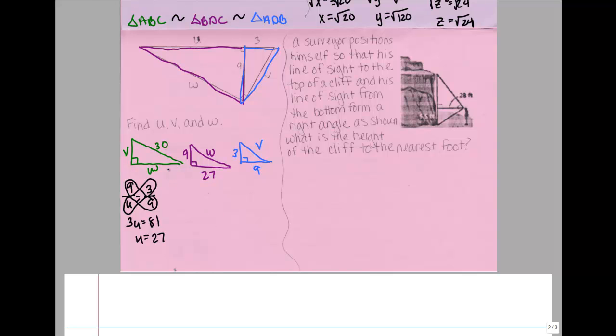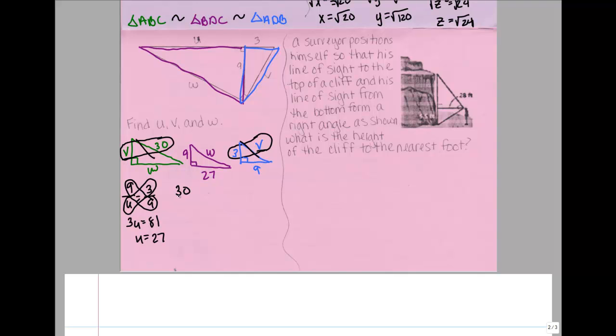Now we have enough information where we could do either V or W next. It's really just your choice. I'm choosing to do V next, only because it's next in alphabetical order. So we have a V for our left leg and a V for our hypotenuse. So here we go, left leg and hypotenuse. There's our fractions.